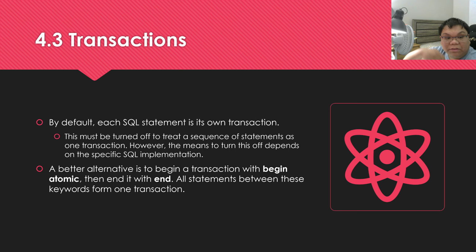This is something that we have to turn off to treat a sequence of statements as one transaction, but this requires us to turn it off, and the means to do that depends on the implementation. So a better alternative is to begin a transaction with begin atomic and then end it with end. So between begin atomic and end is all your statements that you want to execute as one big atomic operation.